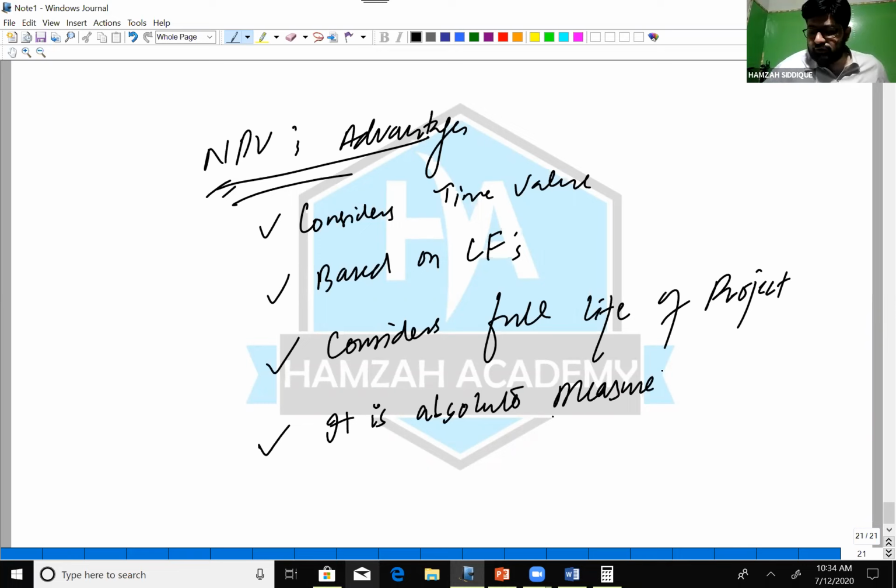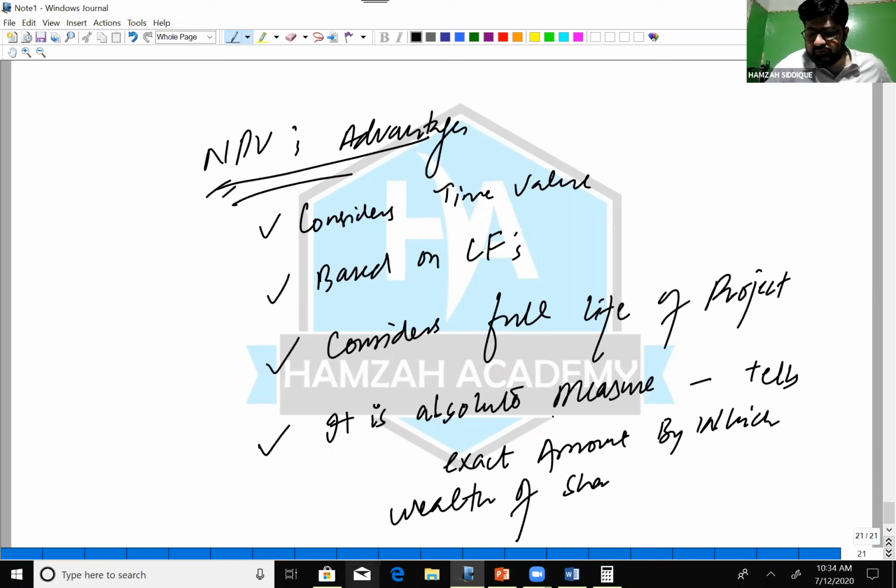Now, what is the meaning of absolute measure? It tells the exact impact, that is, the exact amount by which the wealth of shareholders will be affected.